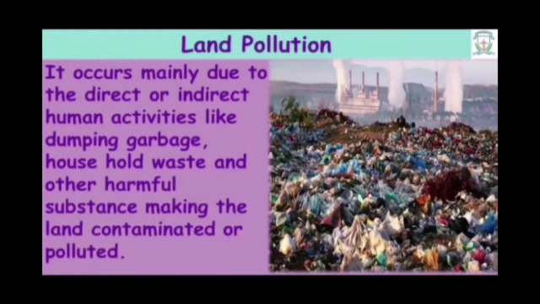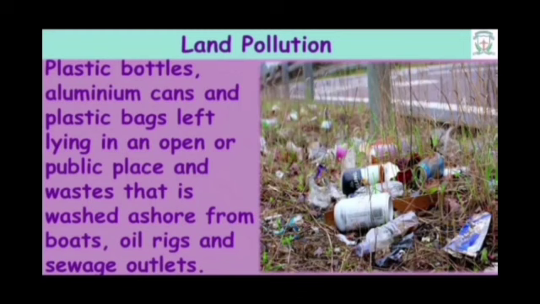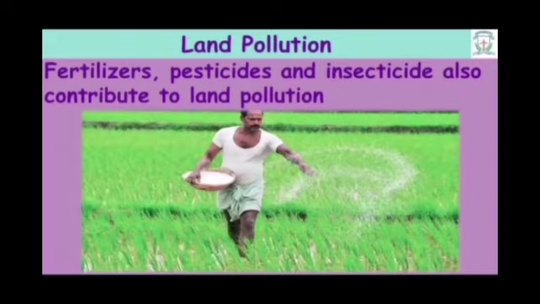Plastic bottles, aluminum cans, and plastic bags left lying in an open or public place, and waste that is washed ashore from boats, oil rigs, and sewage outlets. Fertilizers, pesticides, and insecticides also contribute to land pollution.